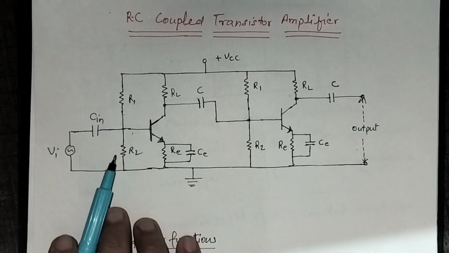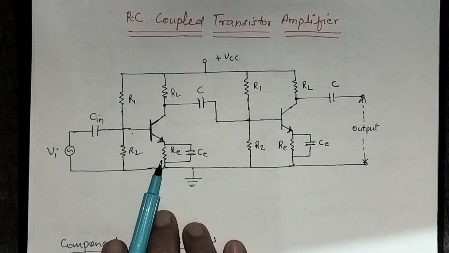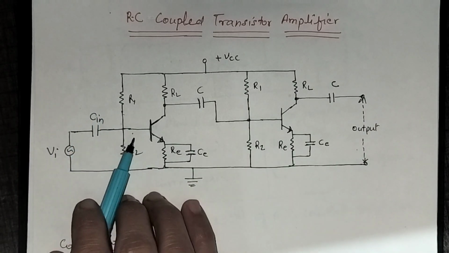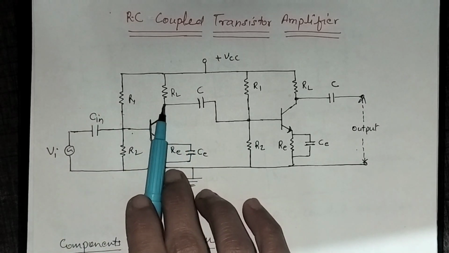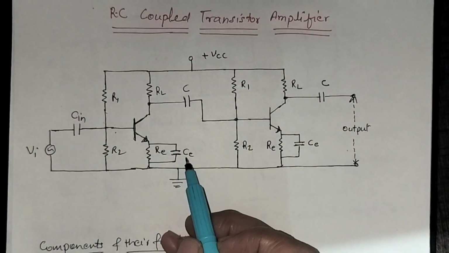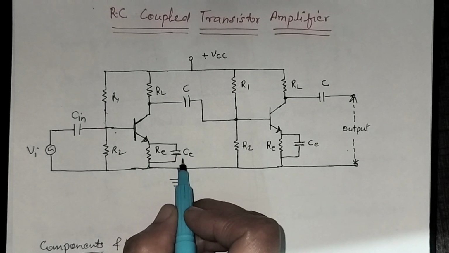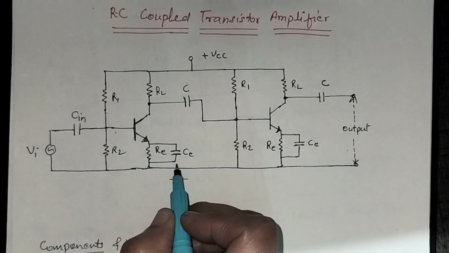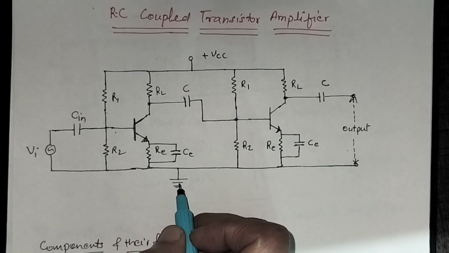The resistors R1, R2 and RE are used to provide proper biasing, meaning to forward bias the base emitter junction and reverse bias the collector base junction. This CE capacitor is connected in parallel to RE to provide a low reactance path for the AC signal, so it bypasses the AC signal to the ground.